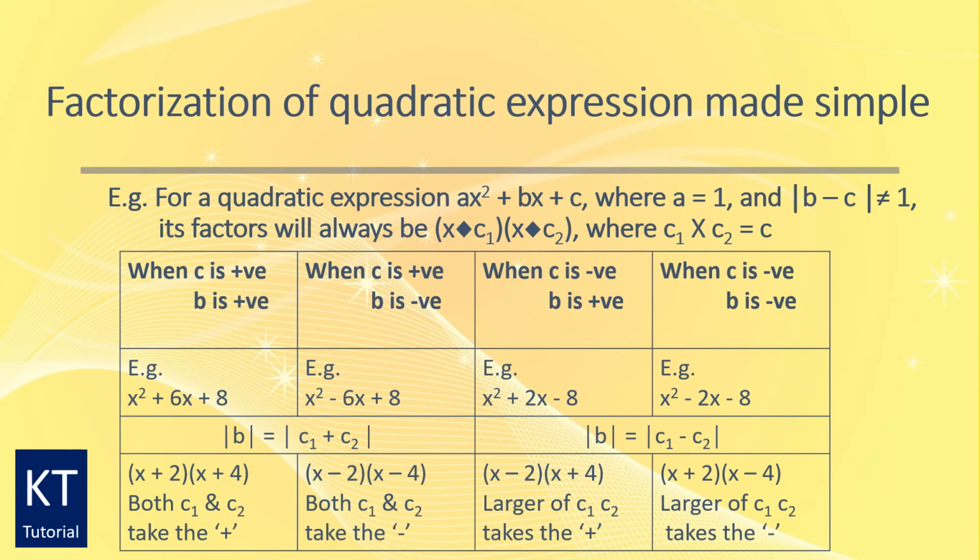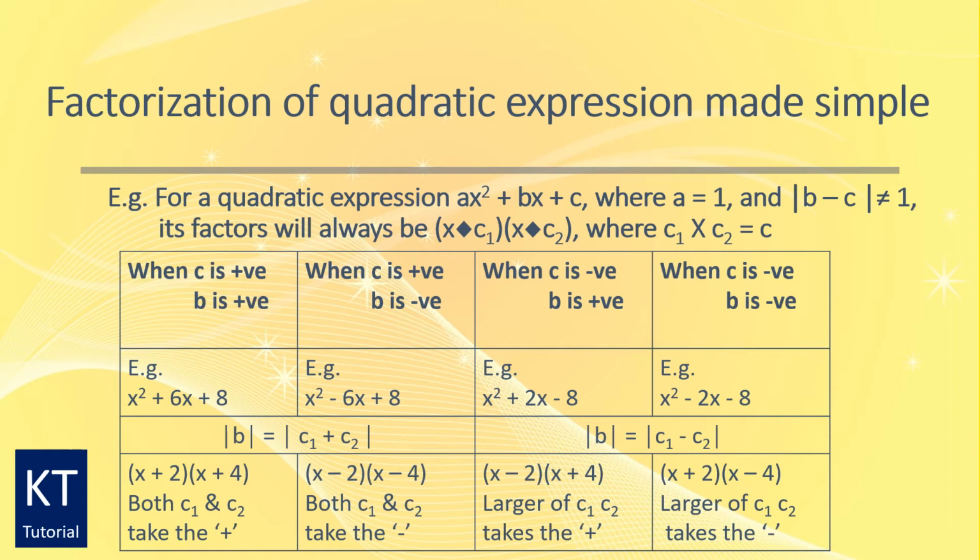Next, we'll look at the scenario where a remains 1, but the difference between b and c no longer is 1. In such a case, its factors will always be a product of x symbol c1 and x symbol c2, where the product of c1 and c2 is equal to c. Again, as in the first column, when c is positive and b is positive, both c1 and c2 take on the symbol of positive.